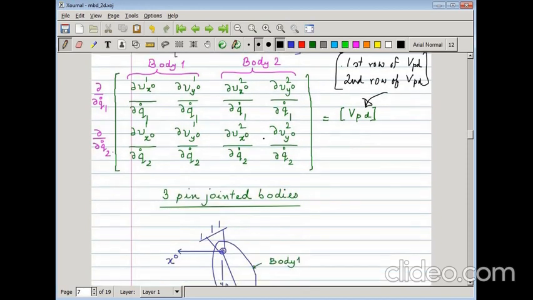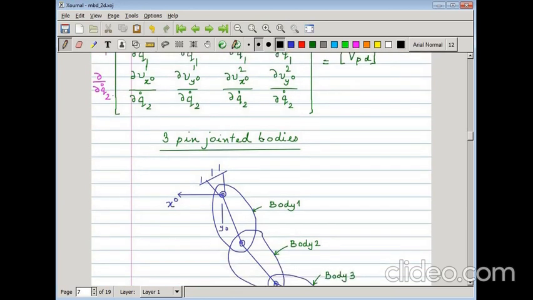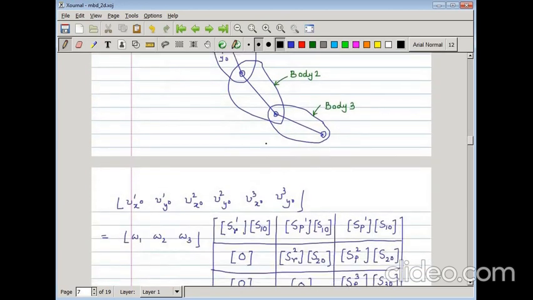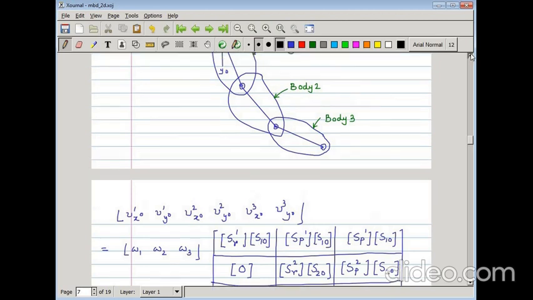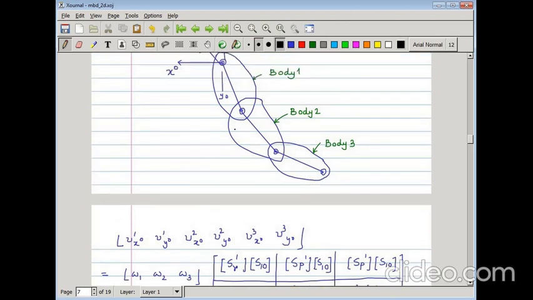So how can we extend this to 3 pin jointed bodies? Here there will be the center of mass velocity of body 1 in x naught y naught, of body 2 in x naught y naught, and of body 3 in x naught y naught. So this body 3 has come. Now first omega 1, this SR1, S10, which is the velocity of this center of mass G1.